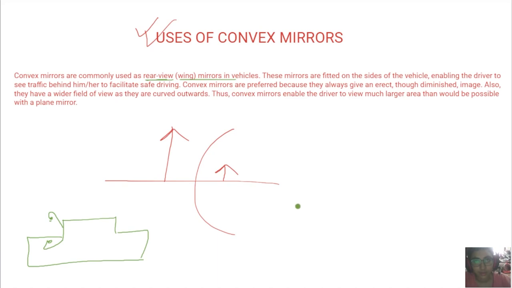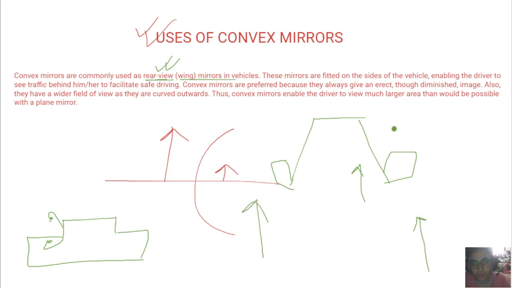Like if I'm drawing the front side of the car, like this is the front side of the car, then you've seen one mirror come out like this and one mirror come out like this, right? So these are basically rear view mirrors. Now what is their job? While you are driving, lots of cars pass you by, right? From your left, from your right.